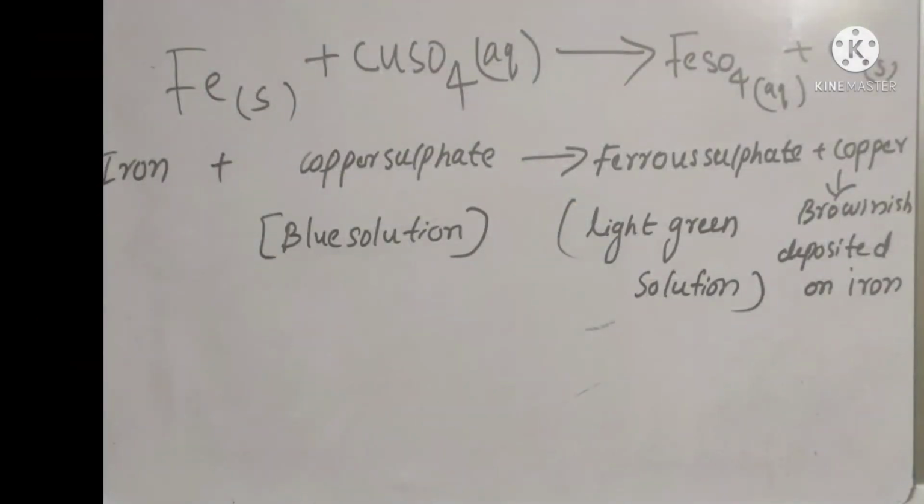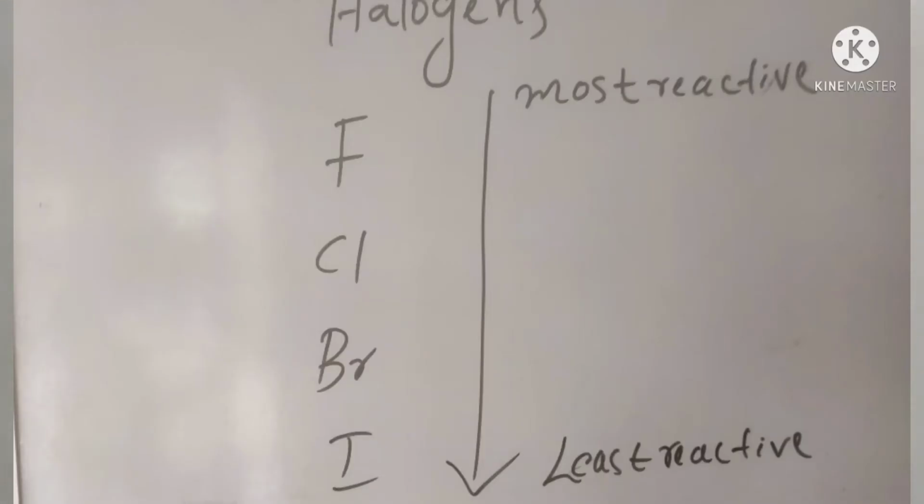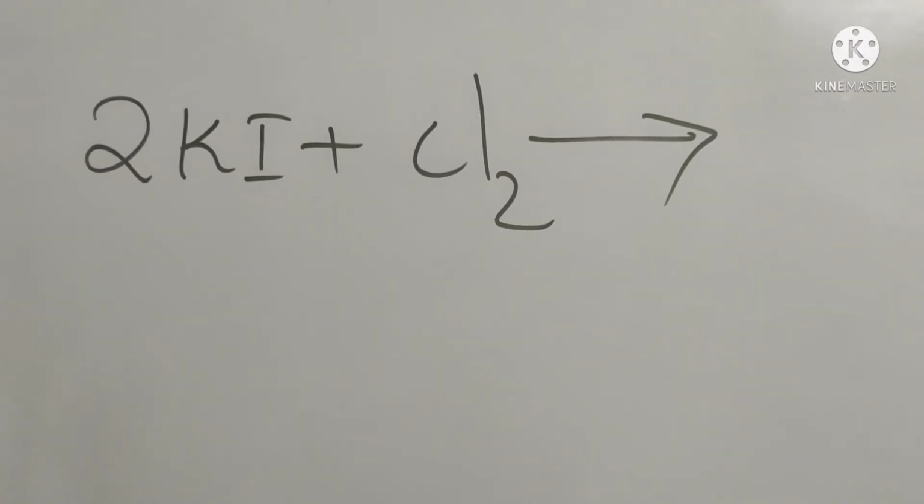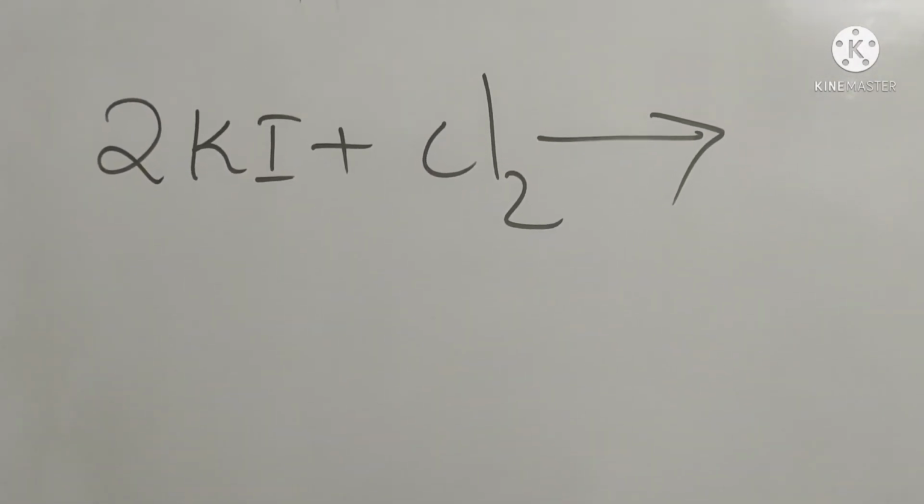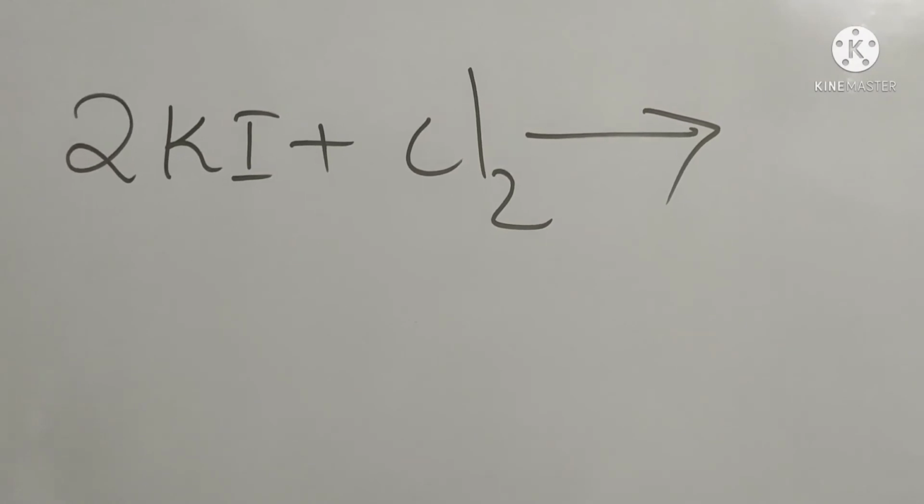Another example is the reaction of zinc with copper sulfate solution. There is a reactivity series in the case of non-metals too. In the case of halogens, fluorine is the most reactive and iodine is the least reactive. The reactivity series of halogens is fluorine greater than chlorine greater than bromine greater than iodine. Now let us look at an example of displacement reaction of non-metals.